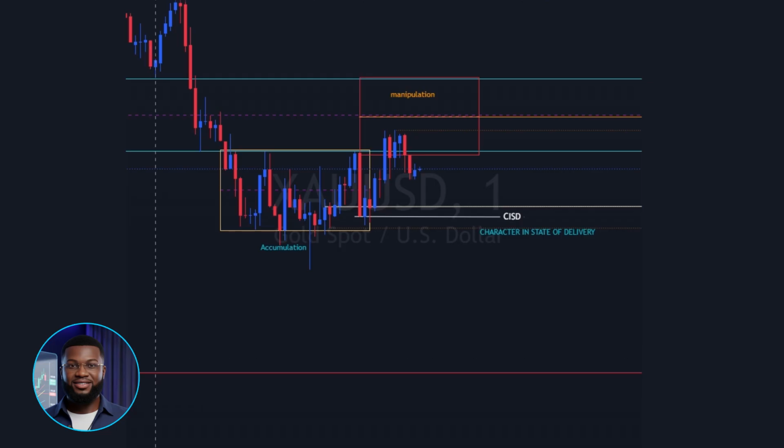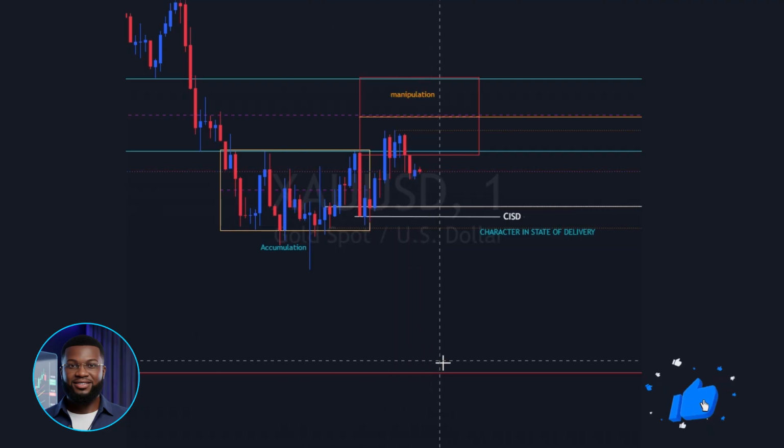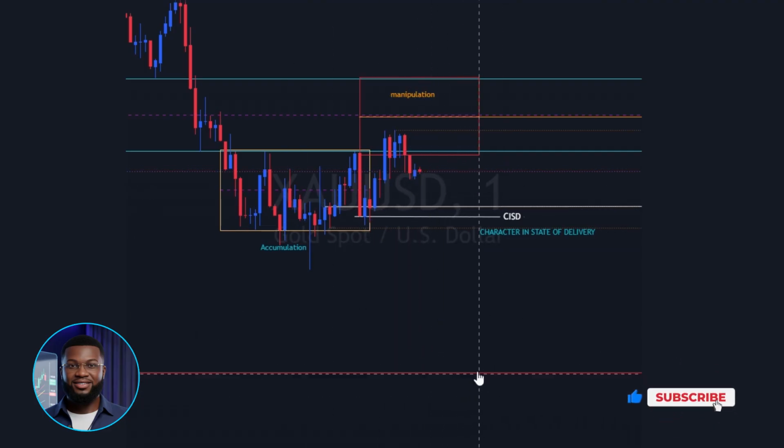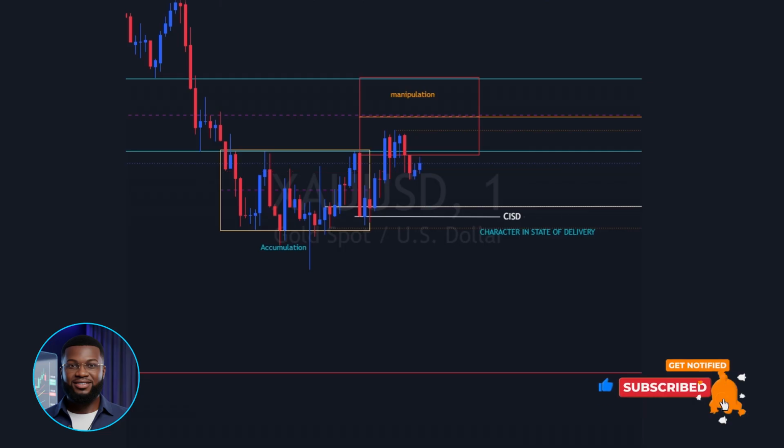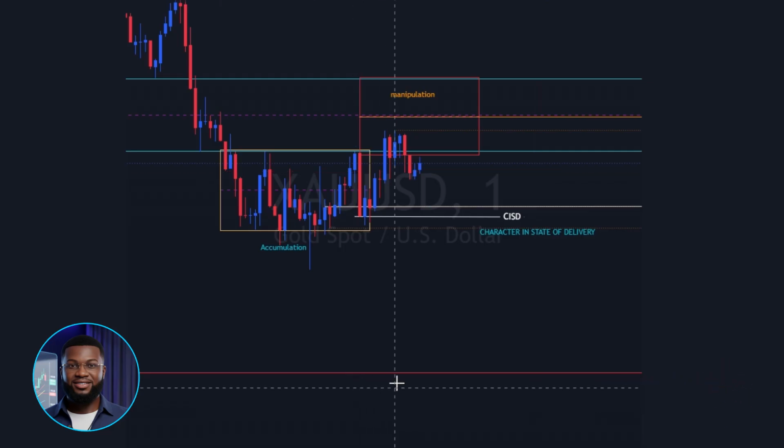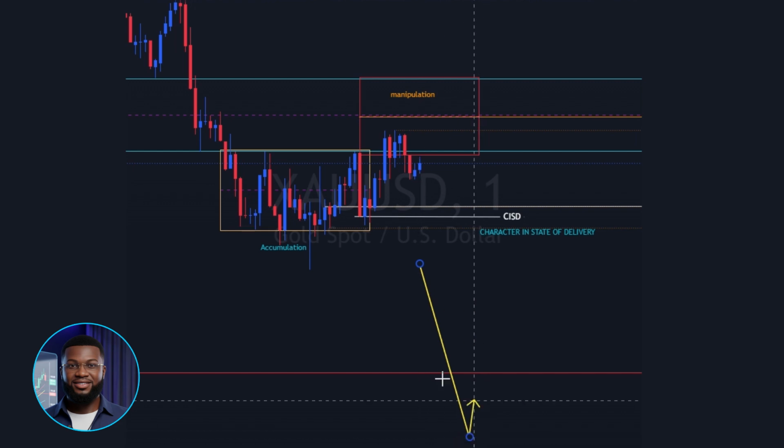First of all, it repriced to the buy side, and now it's making a retracement. So we are trying to catch the retracement to mitigate this level right here. There's a psychological level at this level. See these levels right here? We are pushing price there.